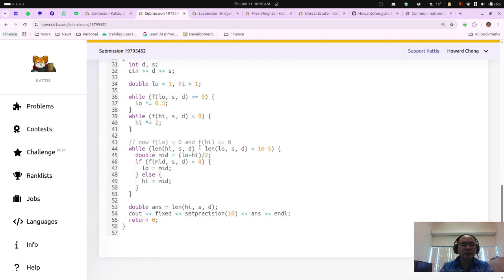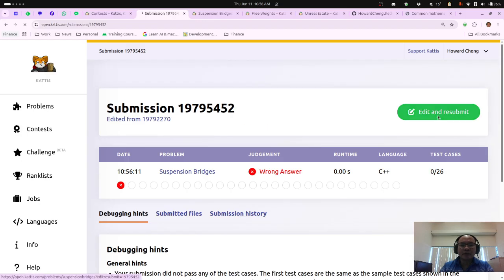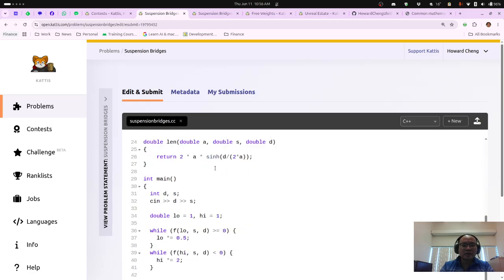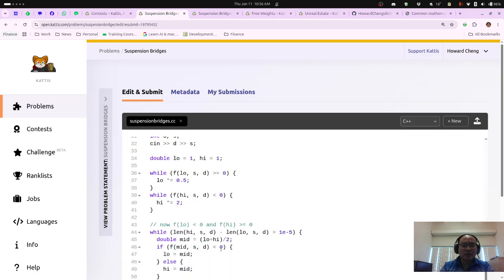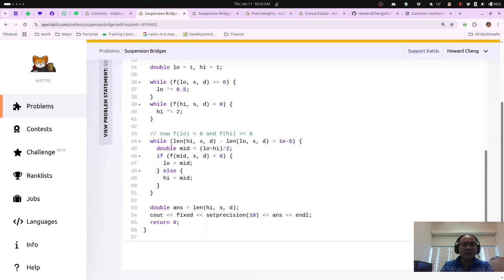Oh, shoot. Oh, wait. Hang on. Okay, just a minute. So the reason that might not be right is because length of the high may actually be less than this.